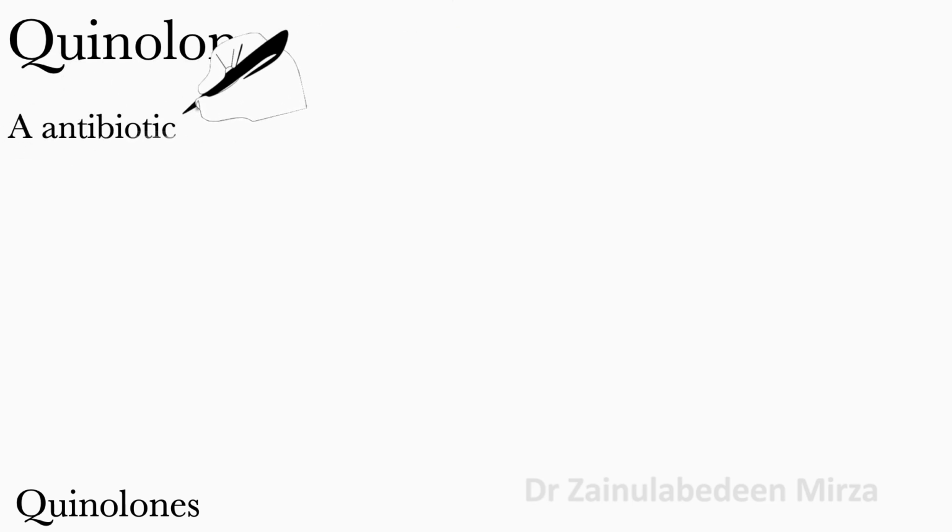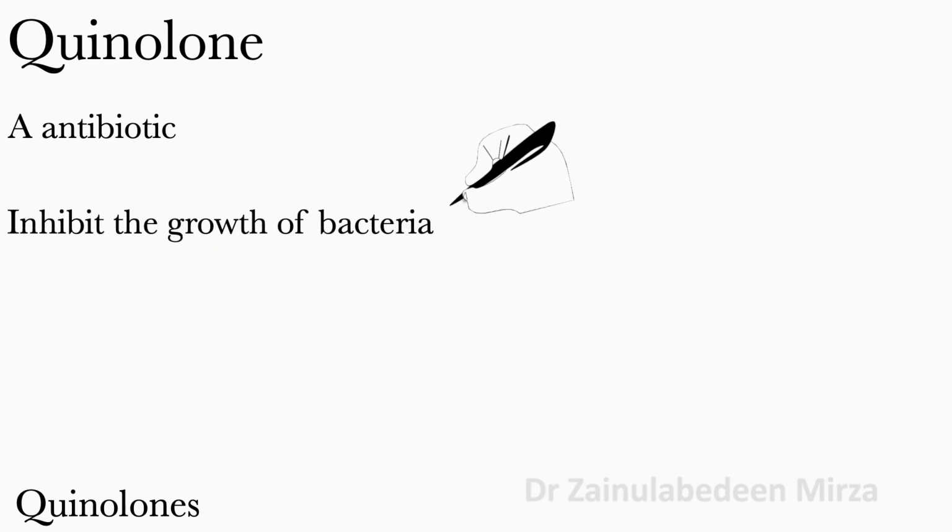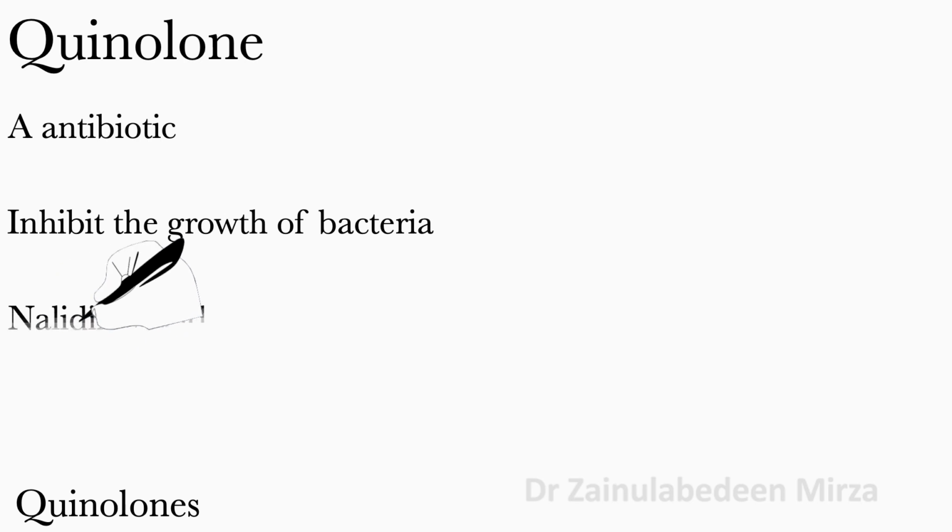Quinolones are types of antibiotics that inhibit the growth of bacteria. Nalidixic acid was the first quinolone discovered, and it was effective against urinary tract infections.